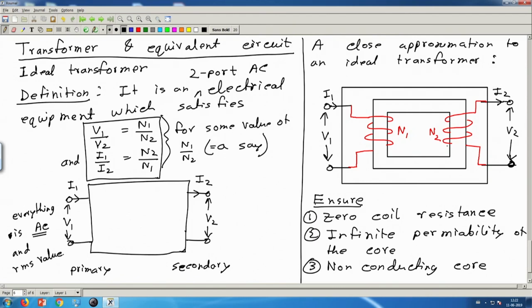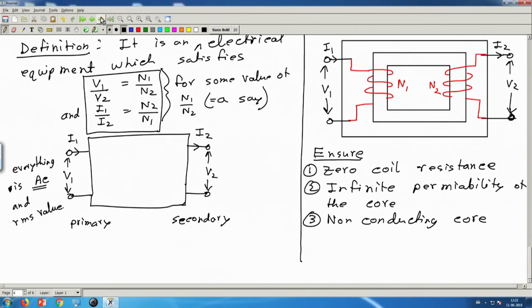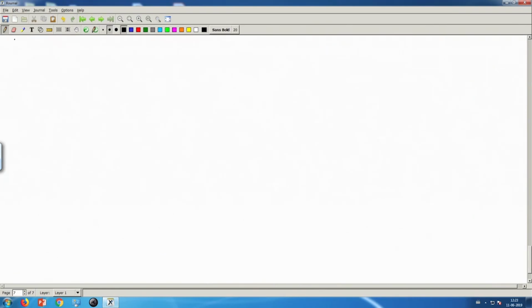Now for a practical transformer, of course, we'll have non-zero resistance, non-infinite permeability, and if it is an iron core, of course, somewhat conducting core. So that is what we call a practical transformer.